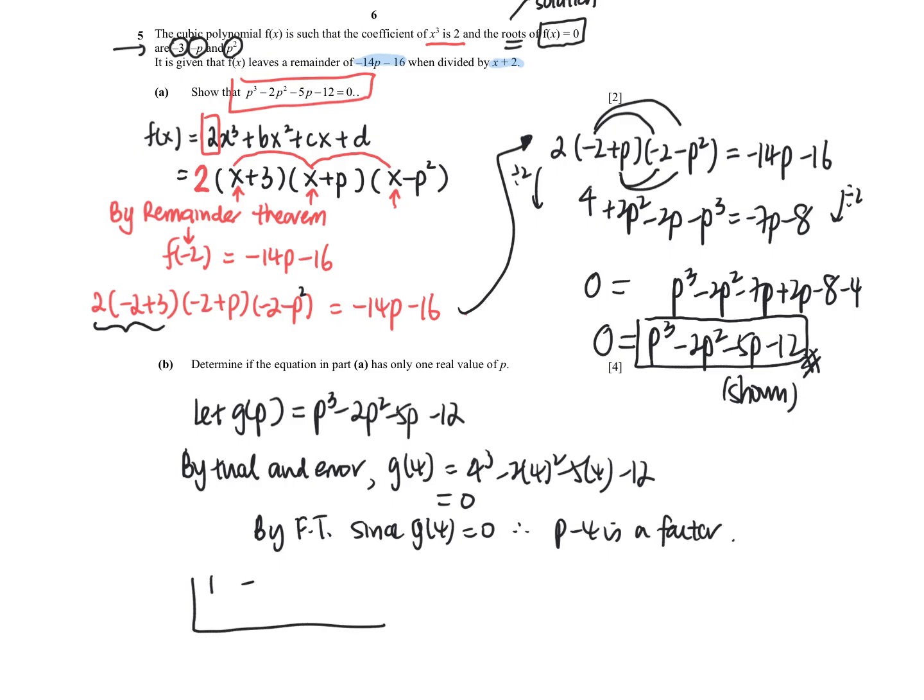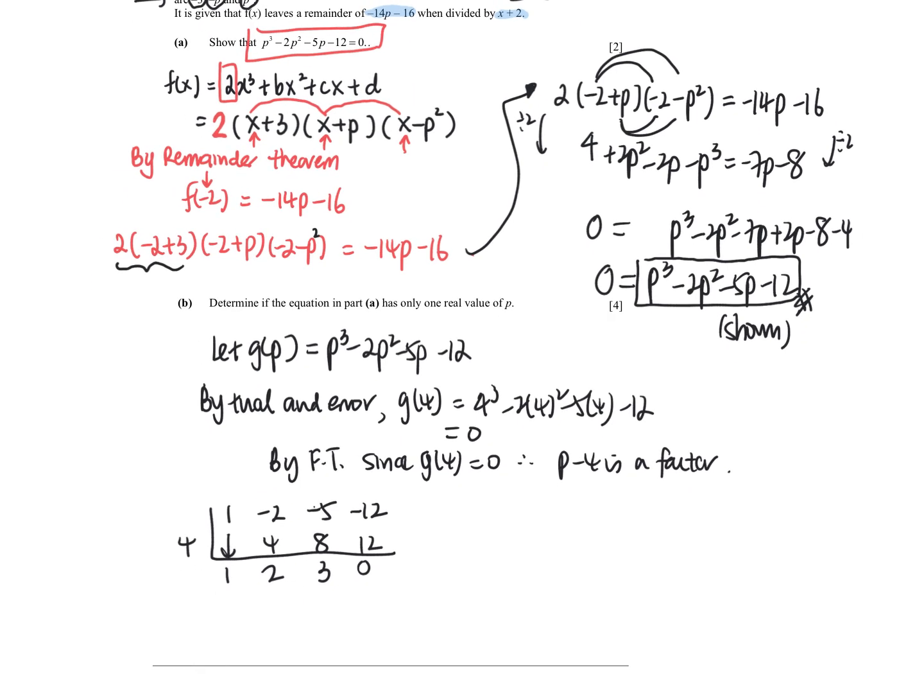So 1, minus 2, minus 5, minus 12. This one you put in 4. Okay, so you end up getting p square plus 2p plus 3. So with your factor just now, p minus 4, this is your factorization.